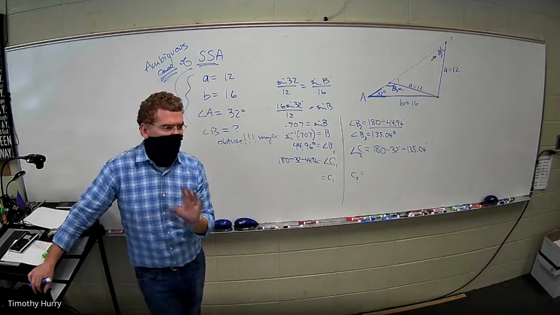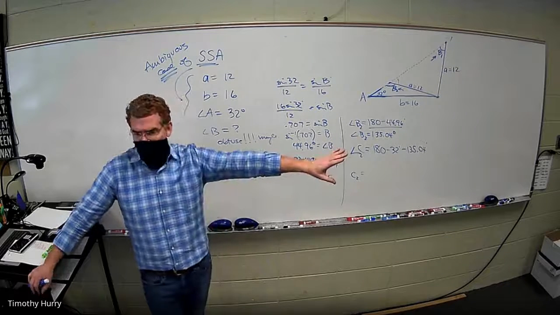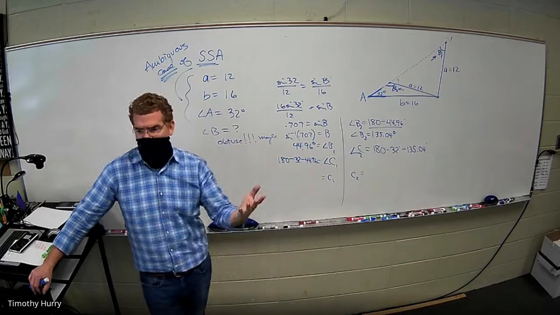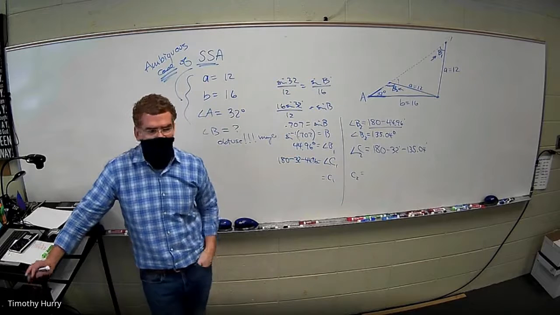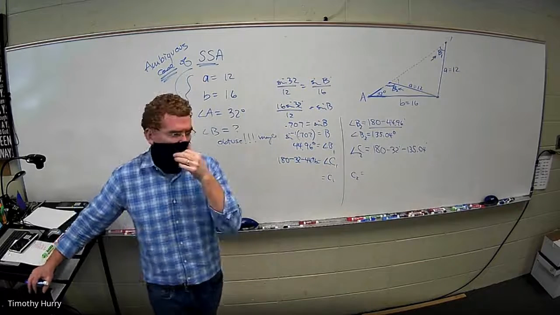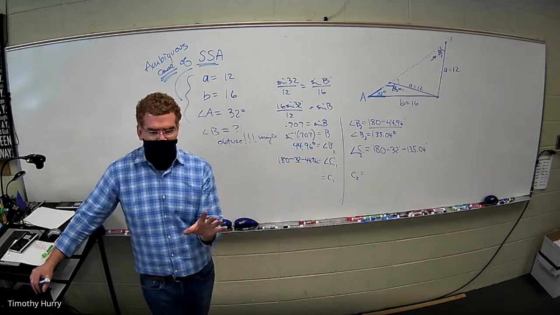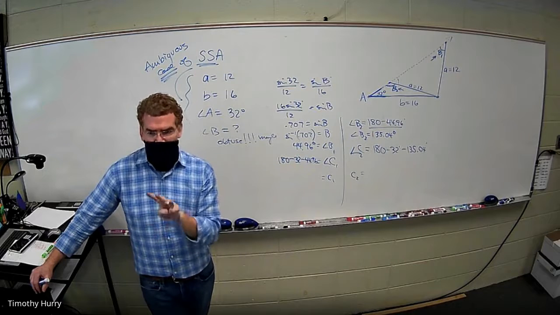Okay, so hypothetically, for those of you that would use law of cosines first, if you use law of cosines first, would you stick with law of cosines for the duration? Or would you, after using law of cosines, switch over to law of sines because it might be a little simpler? Switch over. Now, if you're going to stick with law of cosines, it doesn't really matter what I'm about to say. But if I'm about to switch, if I start with side, side, side, how many triangles can there be?